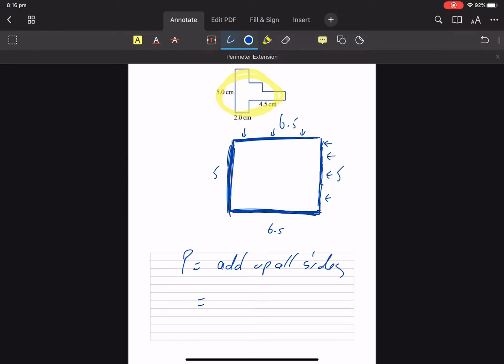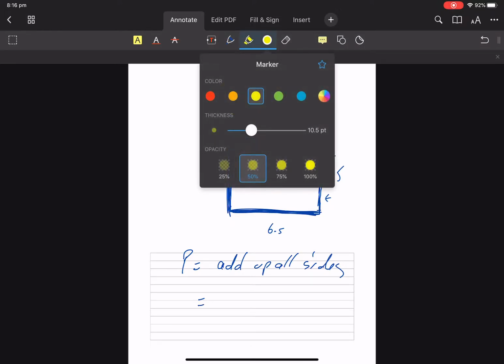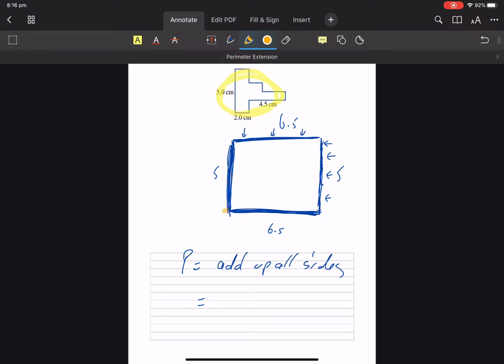So when I'm doing the perimeter of this thing here, I can say perimeter equals add up all sides, and I'm going to start here and go up there. 5 plus that, which is 6.5, plus that, which is another 5, and that, which is another 6.5.